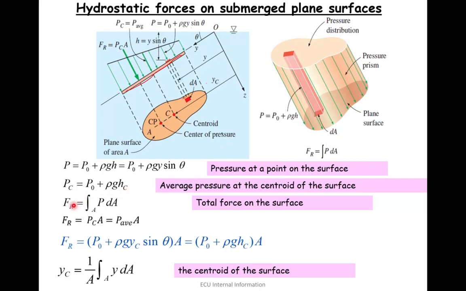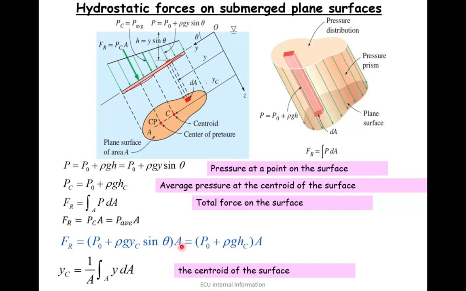Now, if we want to estimate the resultant force, we need to integrate over the whole surface and work out the pressure. Once we do that, then FR becomes PC, the pressure acting on the centroid, which is basically rho g HC, times the area.